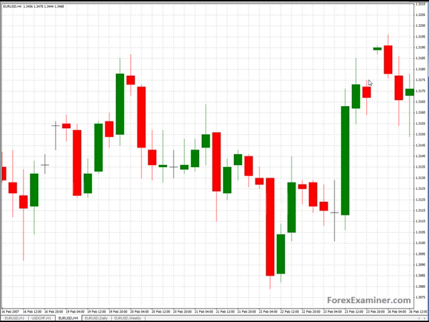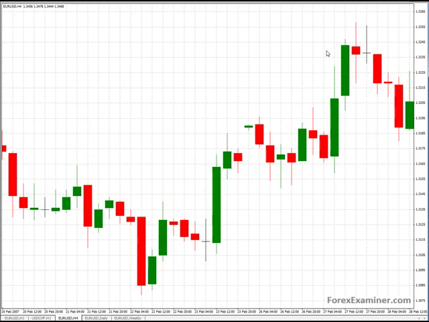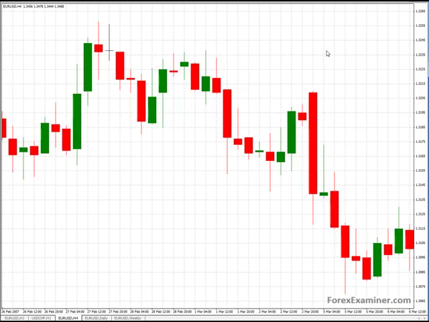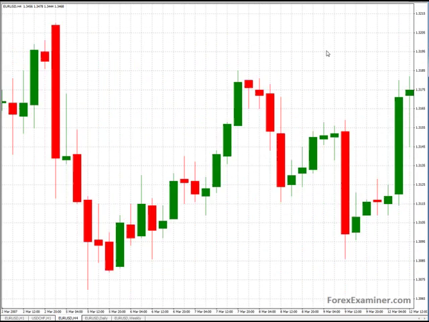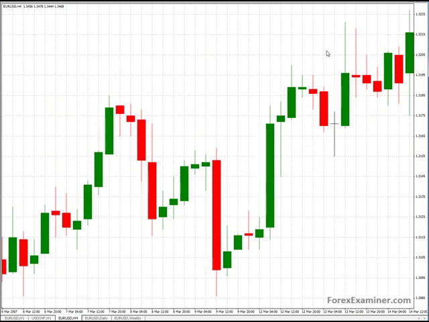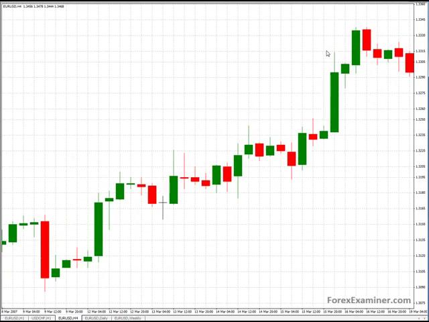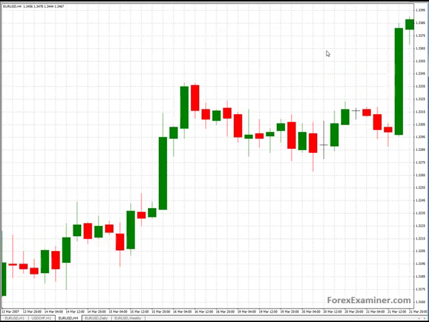You can see a gap there between this level here and that level there. Let's see if we can find another one real quick, but I think you generally get the idea of gap trading.